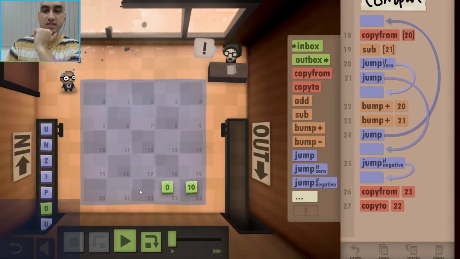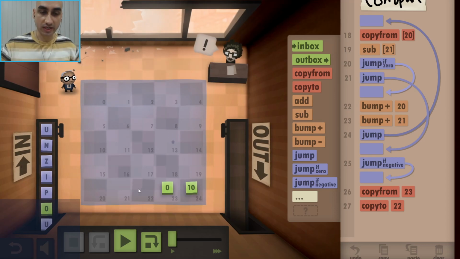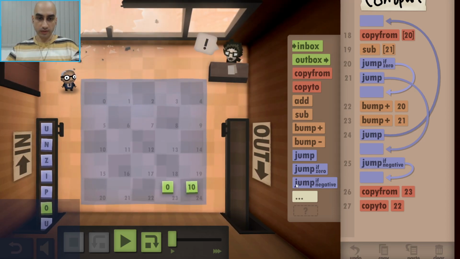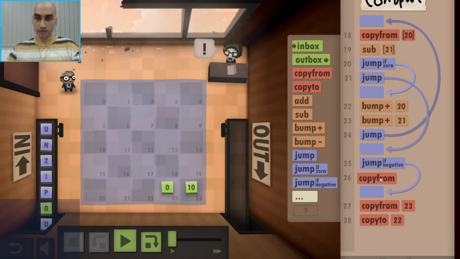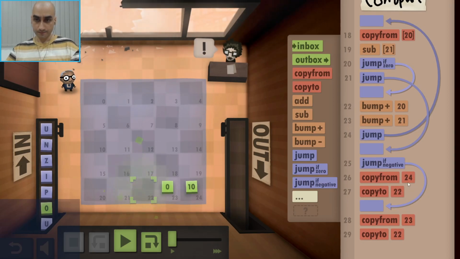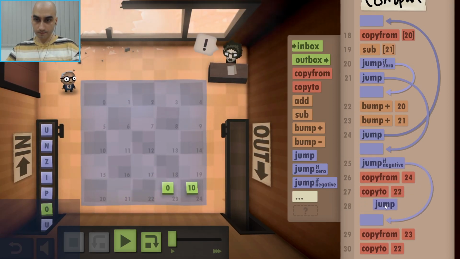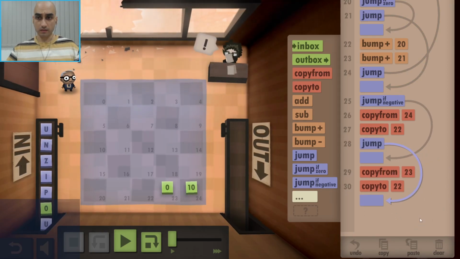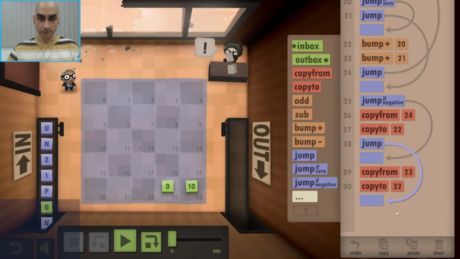Whatever ends up in 22, that's telling us which word we're going to output. Otherwise, we put the 10 there. That's just telling us take the second word. Okay, so we've decided which word.